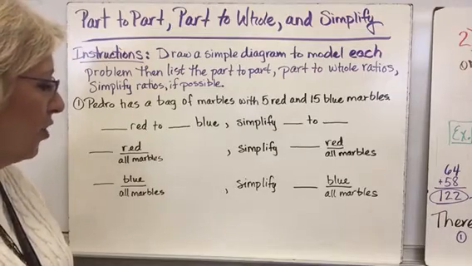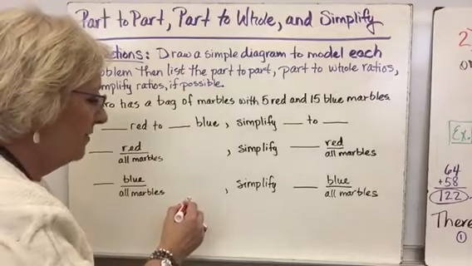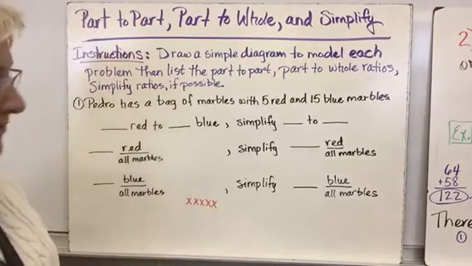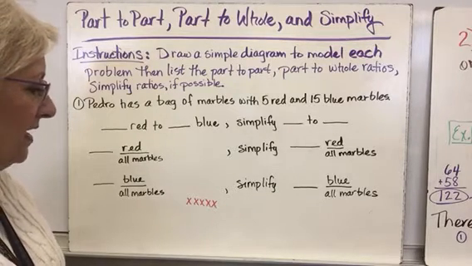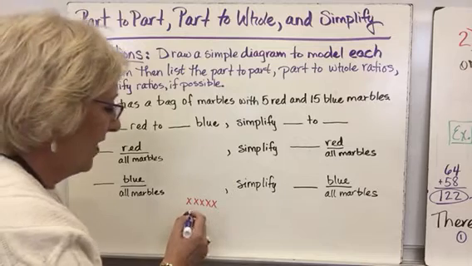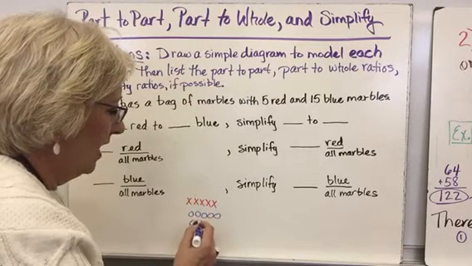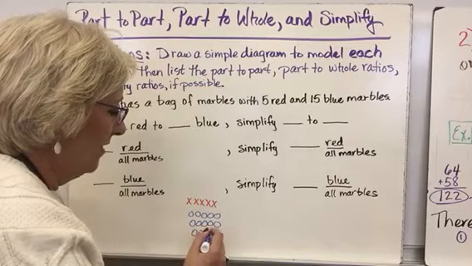So I'm going to look at the marbles and draw out with my diagram 5 red. I'm going to make them X's. And I've got 15 blue marbles in there. So I'm going to make these zeros, and I'm going to put 5, and another line of 5, and another line of 5.